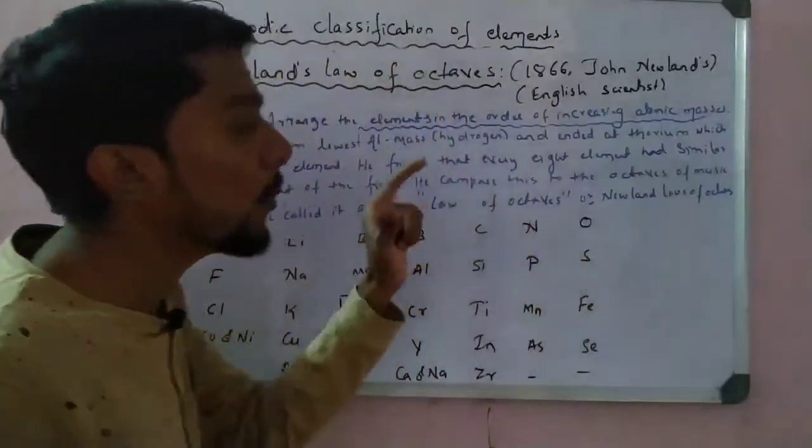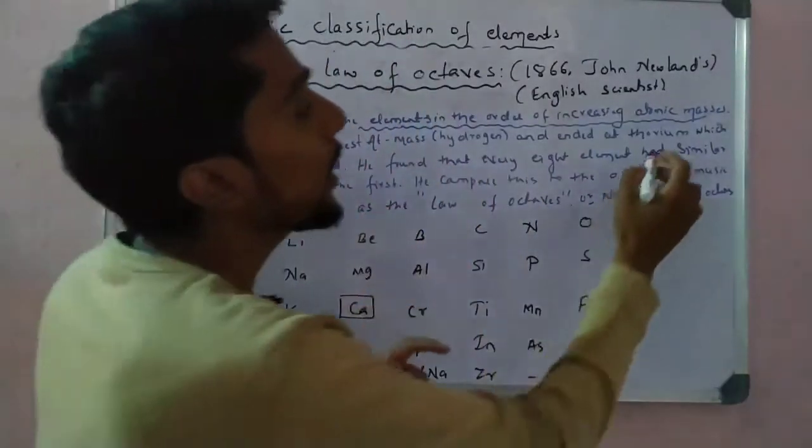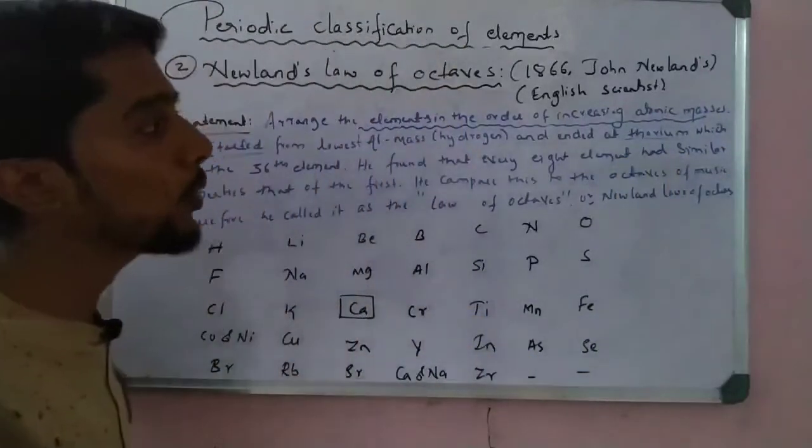He started from hydrogen and ended with thorium, which has the highest atomic mass.